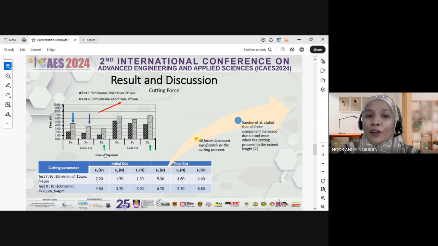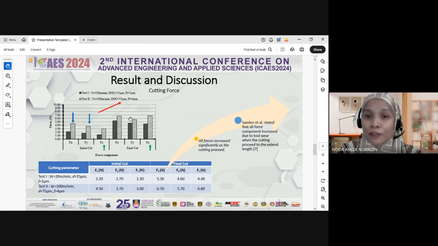The feed force Fx and the normal force Fy showed similar magnitude while the thrust force Fz was generally lower during initial cutting. As the machining reached the final cutting, all force components increased significantly, with Fz having the same magnitude as Fx and Fy.